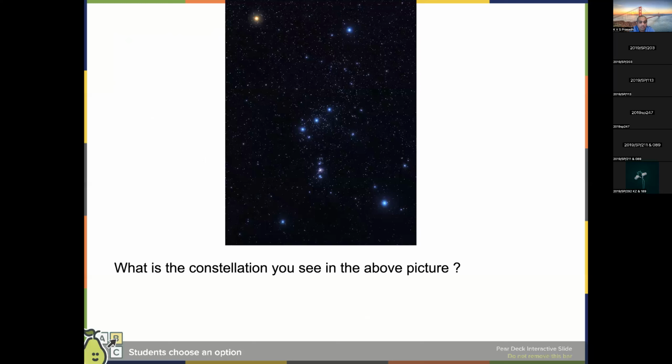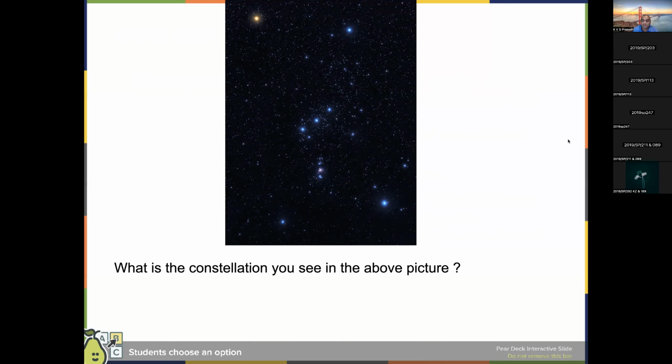Right. Now, if you are familiar with the sky, maybe there are some students who have a habit of looking at the sky. Can anybody let me know what constellation you see here? What is this particular constellation?